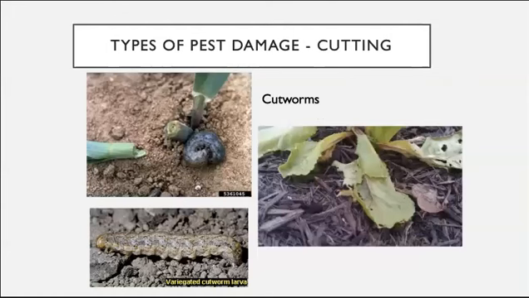So we know caterpillars can eat big holes through leaves, skeletonize leaves, mow down foliage. Some caterpillars, though, are interesting in that they also feed on the stems of plants. And that is very common for this guy here, the cutworm. Cutworm is the name used for a pretty diverse group of caterpillars that are the larval stage of adult moths.